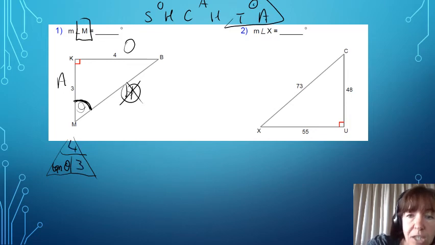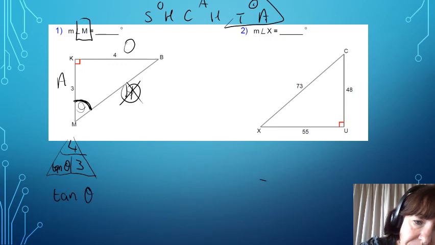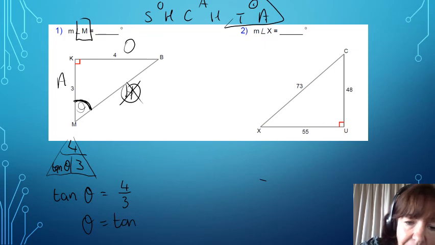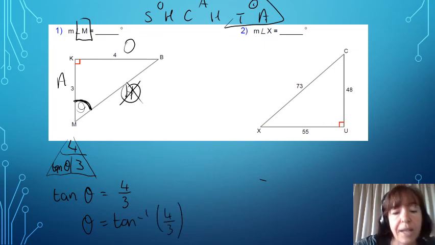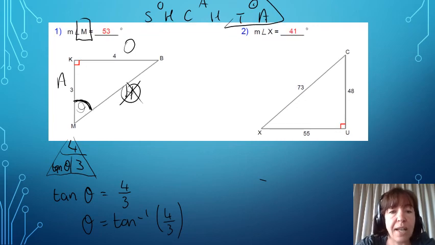So opposite and adjacent I've just copied from my triangle. So I know that tan of theta is equal to 4 over 3. Now to undo the tan of theta, I need to inverse tan. So I'll get theta equals tan to the -1 of 4 over 3. And when you put that into your calculator, you'll get an answer of 53 degrees.